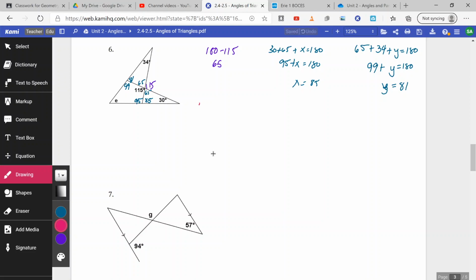So I have angle measurements of 99, 115, 95, and E, and I will get 360. So what I want to do is add up my like terms here, 99, 115, 95.